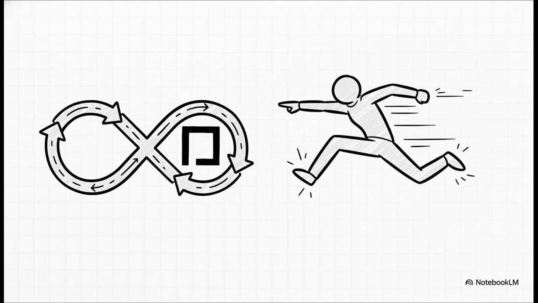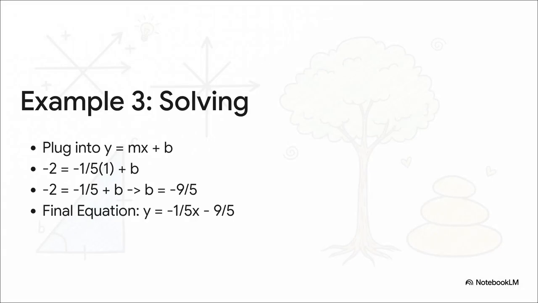Moving right along to example 3. Our original line is y equals 5x minus 7, and our given point is (1, -2). The original slope is 5. By now, reinforcing this opposite reciprocal pattern should honestly be second nature. Flip it, change the sign. Boom, our perpendicular slope is -1/5. Time to solve. We plug in our values. -2 equals -1/5 times 1 plus b.